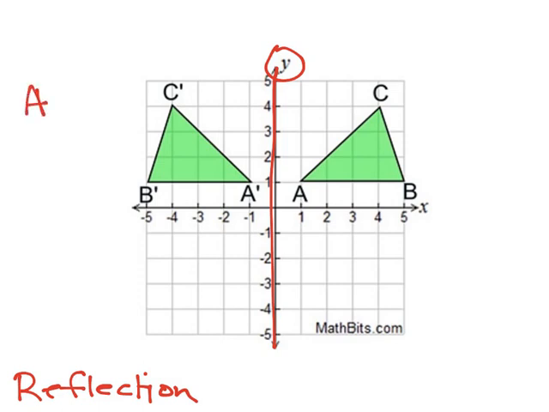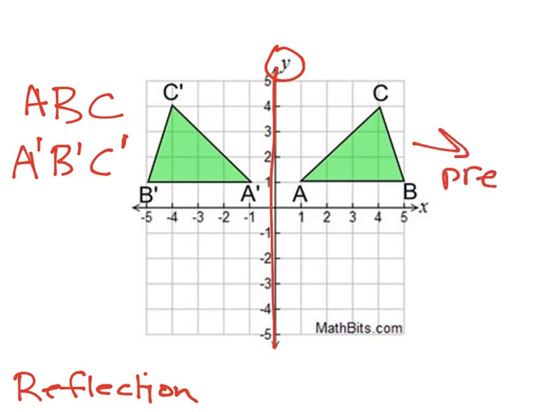So we see that we have ABC, and then the image, second image ABC. So this is our pre-image. And this, where it ends up, is our image.